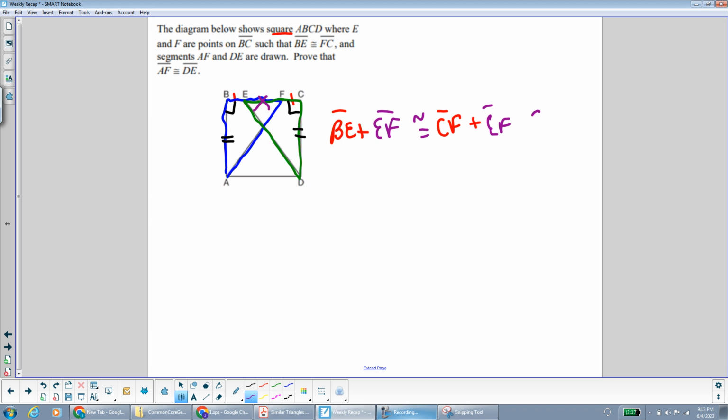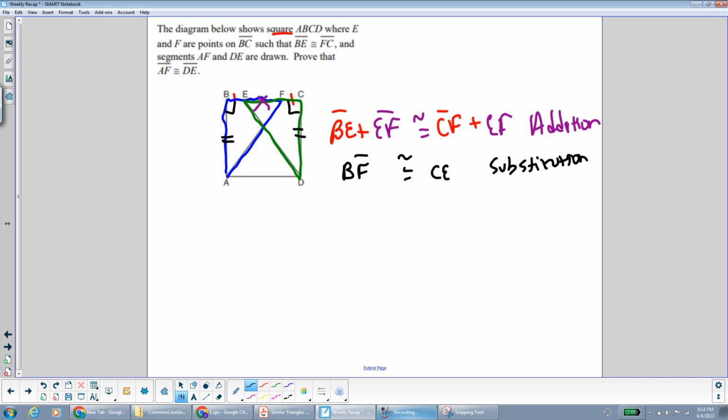And my reason for that would be, oops, I'm writing subtraction, but that's addition clearly, would be addition postulate. And then after that, I would say BE plus EF is BF, and CF plus EF is CE. And that's by substitution because we're replacing the addition with what it actually is, with something that means the same thing.